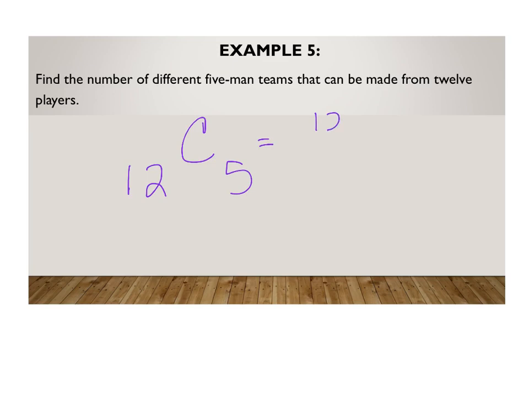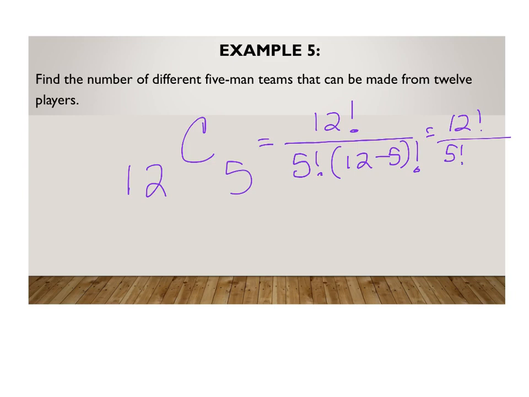So that's going to be 12 factorial over 5 factorial times 12 minus 5 factorial. So this is 12 factorial over 5 factorial and 7 factorial. I'm going to divide out that 7 factorial.